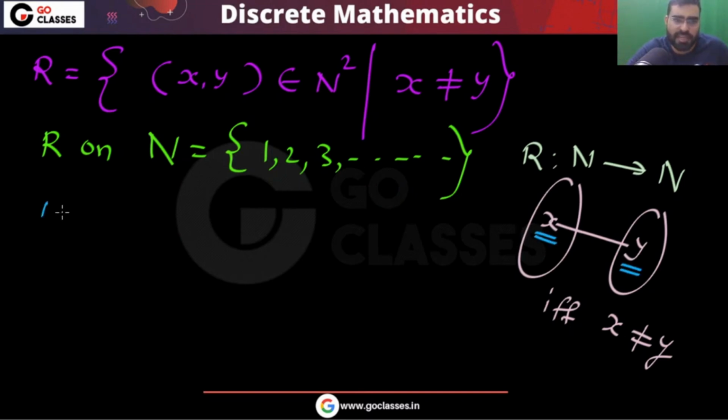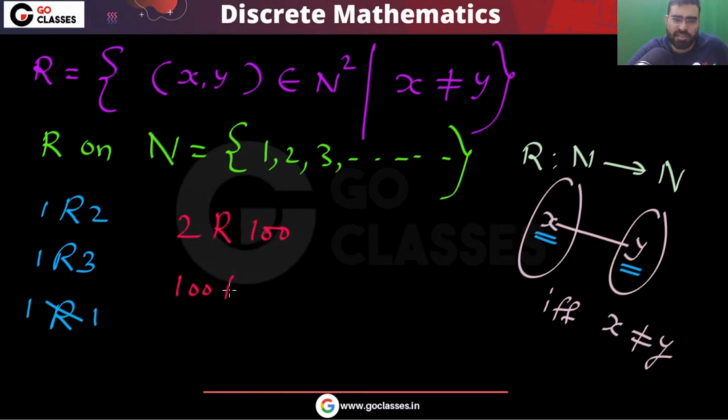For example, 1 is related to 2. 1 is related to 3, but 1 is not related to 1. Also, 2 is related to 100, and 100 is also related to 2, but 100 is not related to 100. Very simple. This is the relation.